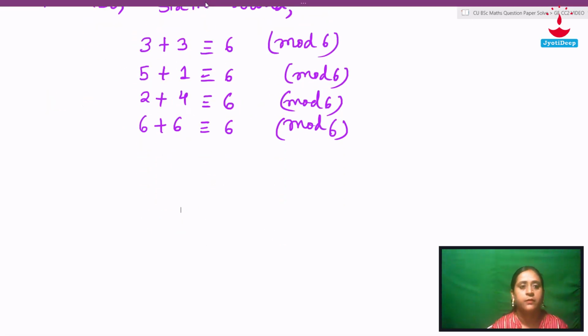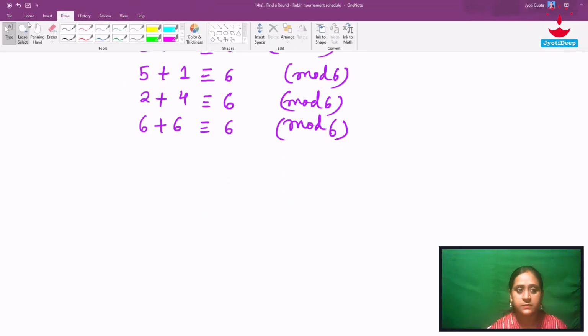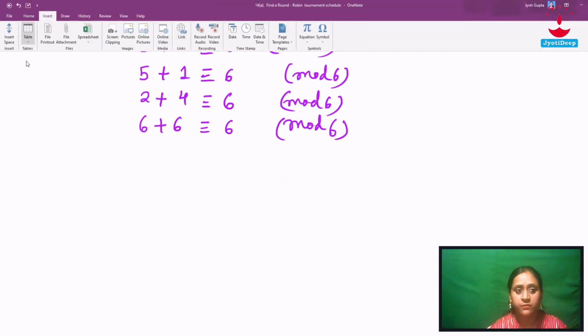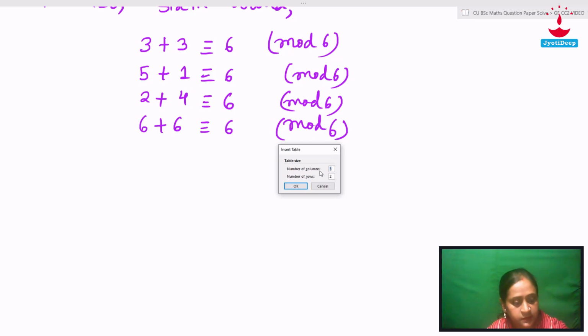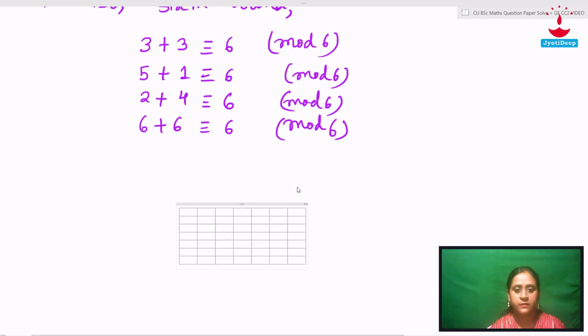Now I'm going to make the table. Here we have 6 teams, so we are going to make the table of the size 7 by 7.